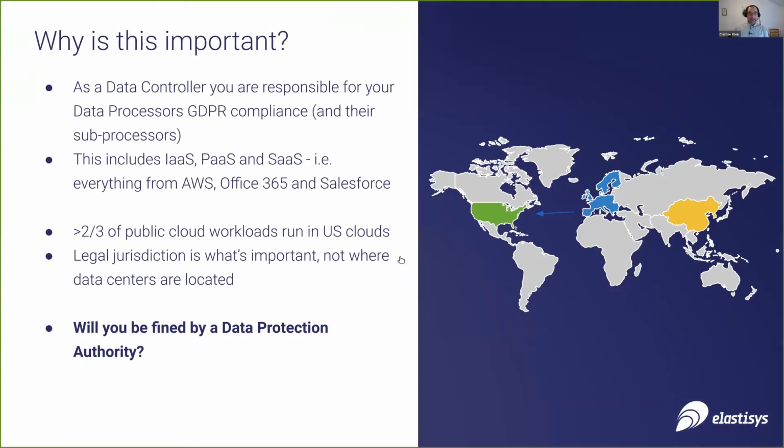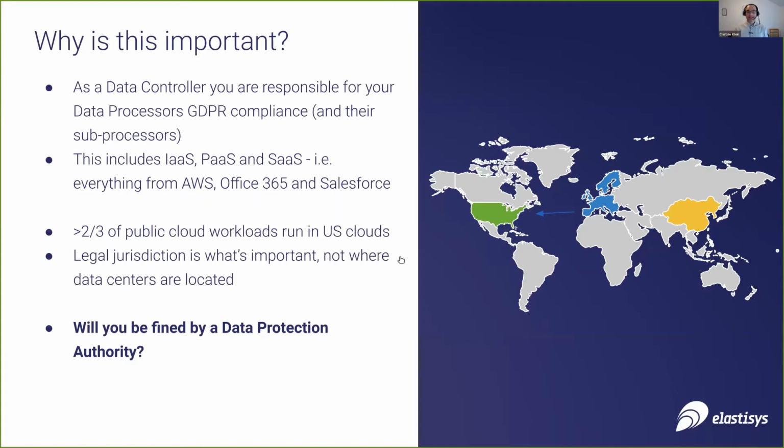So why is this important? Well, as a data controller, you are responsible that your data processors are GDPR compliant. And this includes also your sub-processors. For example, right now around 60% of the public cloud market is dominated by AWS, Google, and Azure, and they store quite a lot of the European startups' and other companies' data.